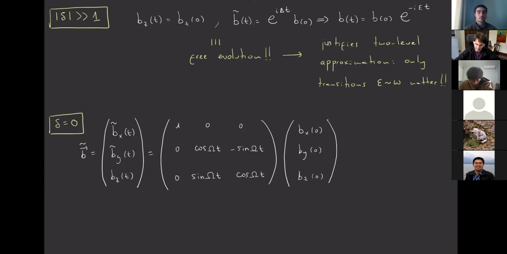Okay, this is the solution. You can just check that if you go back to the solution that I wrote and you put delta equals 0, you get this simple solution.